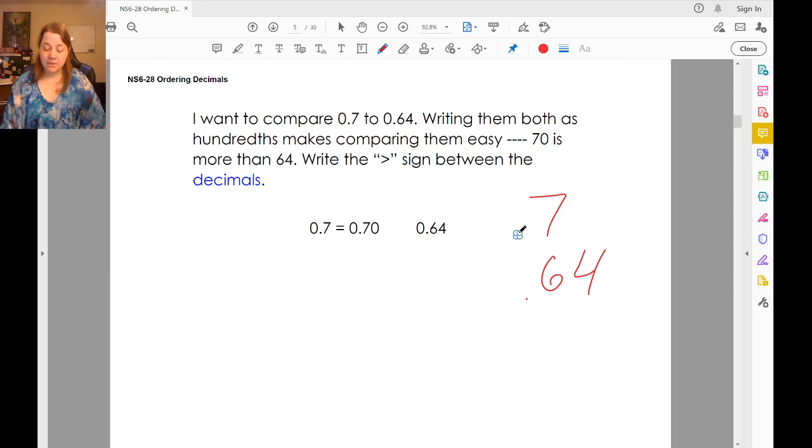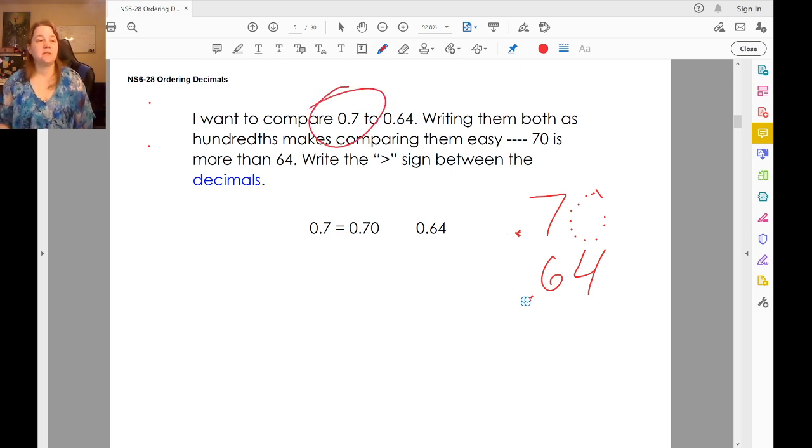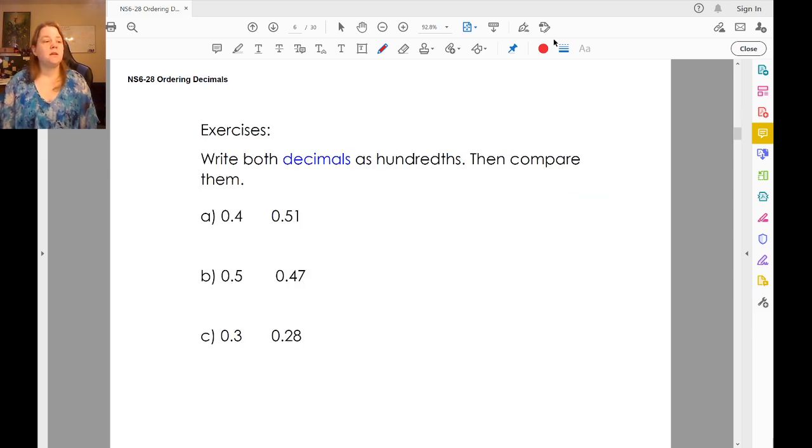When we line up the decimal point, we can see when we add in that 0, we don't need it, but it helps us to compare the numbers in there. We can see that 70 is bigger than 64. So 7/10 is bigger than 64 hundredths. Let's go ahead and do the same comparison here. Give this a shot and then we'll talk about it.